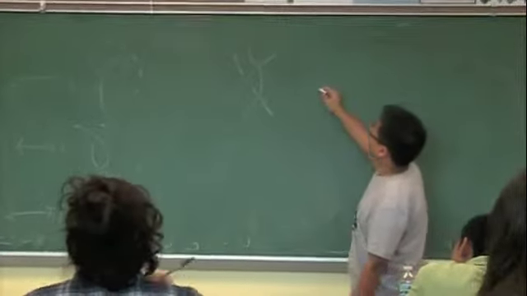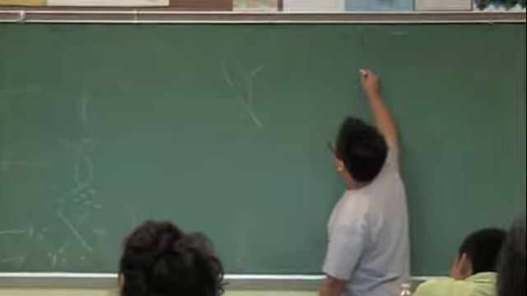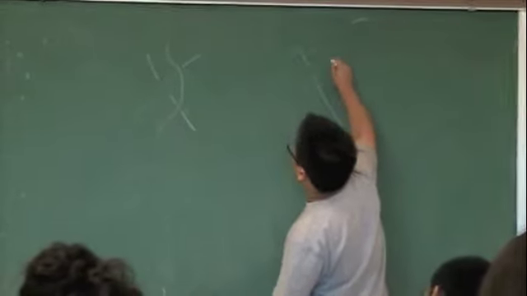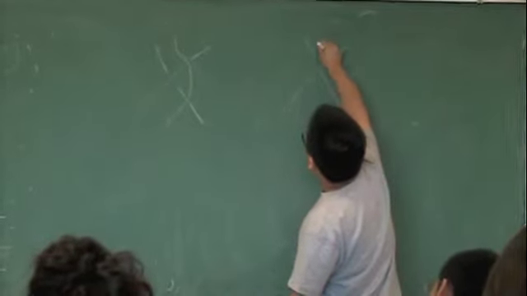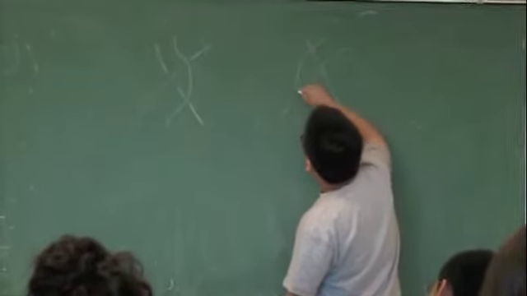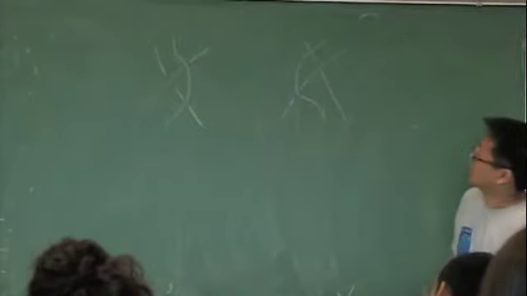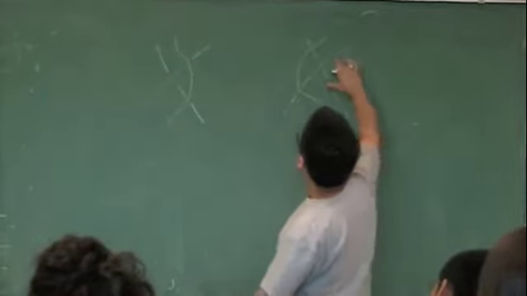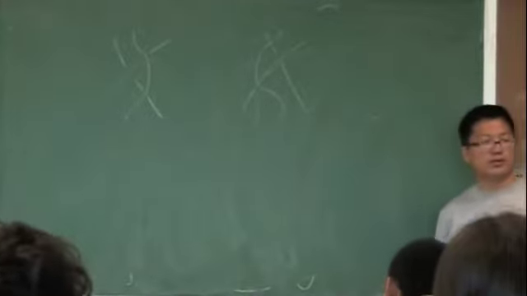And then I move this strand across this crossing, and I get something like this. Right, so this strand I push over this crossing, and I get this picture. So that's the other picture that's in the book for the type 3 move.